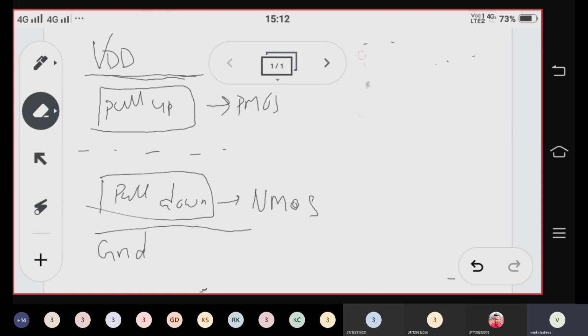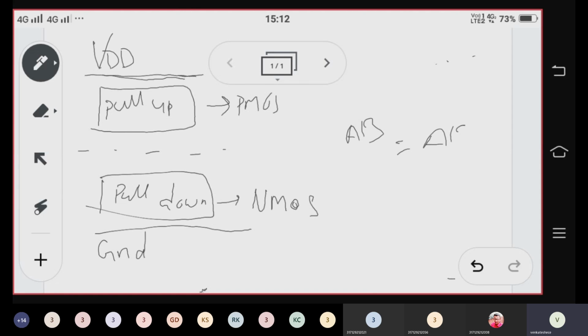If you want a real equation, suppose I want to design a circuit for AB. For designing a circuit for AB, first we will design a circuit for AB bar. Why? Because we can implement complementary equations in CMOS and NMOS technology. After implementing AB bar, we will give AB bar to the inverter, so the equation becomes AB bar whole bar, which becomes AB.